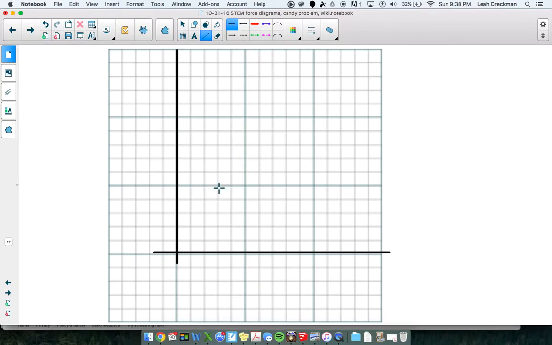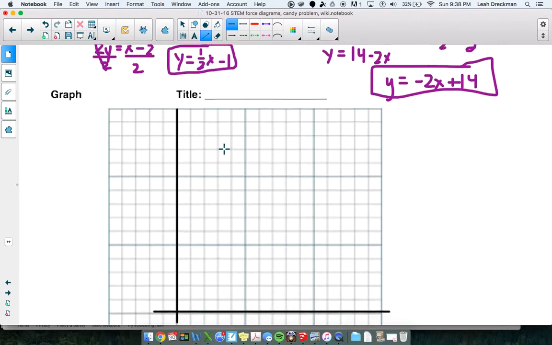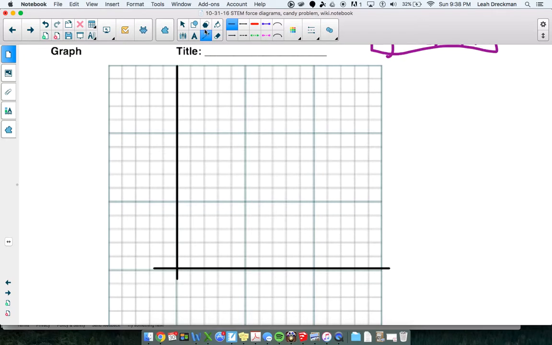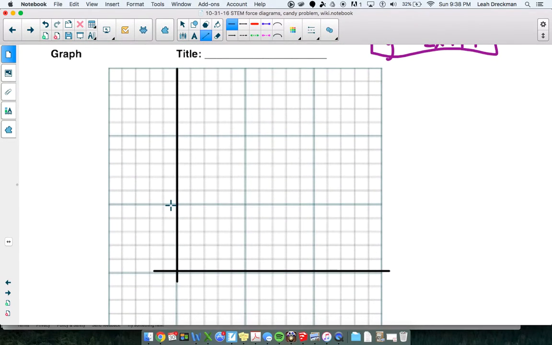The reason I left a little room down here is because I have a negative y-intercept. So let's see, looks like scaling by 1 should be okay because our largest y-intercept is 14. So if I go like 5, 10, and 15 here, we should be good.